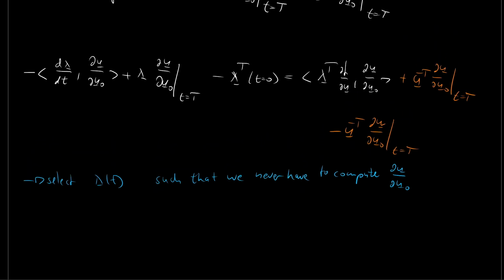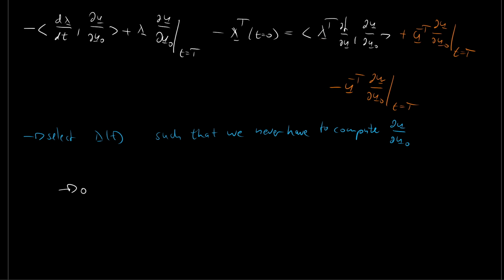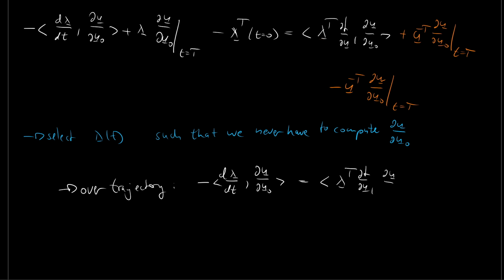And as such, we can extract, maybe a little bit different than we have done it before, the things that have to hold over the integral, or over the trajectory. So we will have contributions over the trajectory, which will be that we have a minus d lambda by dt in the inner product with the unwanted Jacobian is equal to the inner product of lambda transpose df by du by du0.